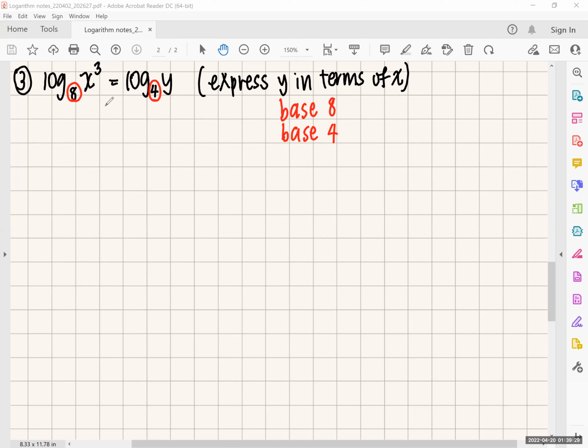So what I'm going to do is change to the base of 2, because 8 and 4 can be developed from a base of 2. 2 to the power of 2 is 4, and 2 to the power of 3 is 8. So you need to apply the change of base to this question in order to solve this. So I'm going to apply the change of base.